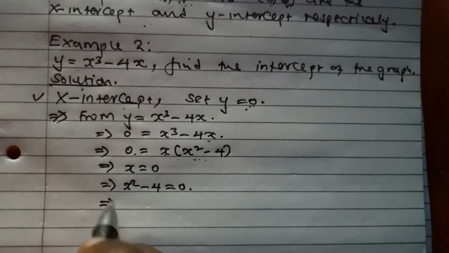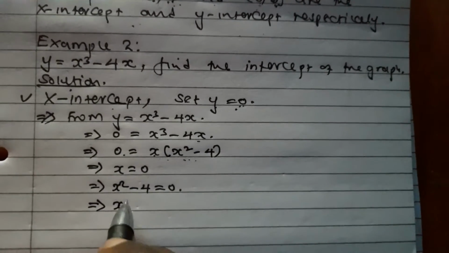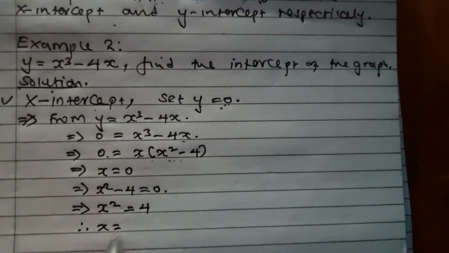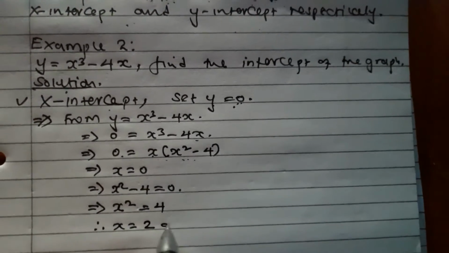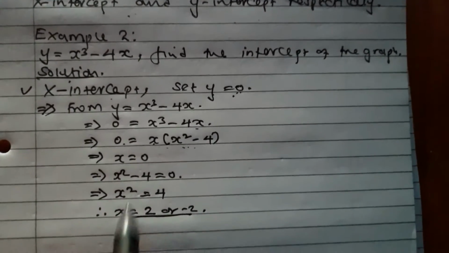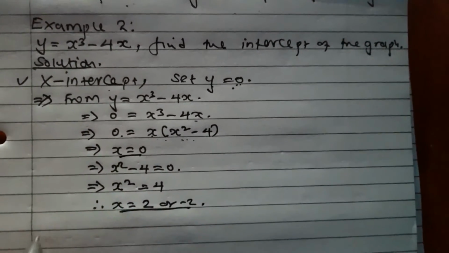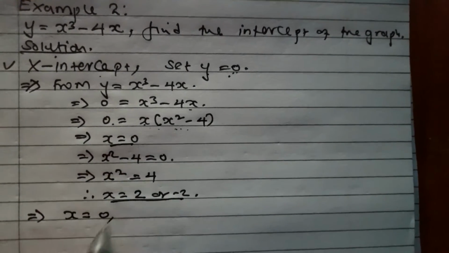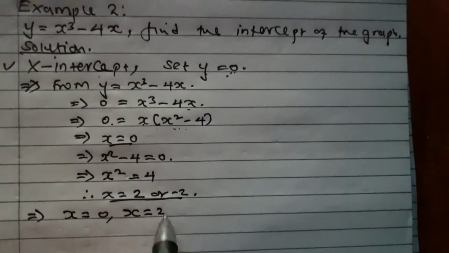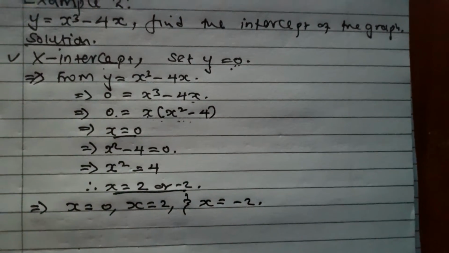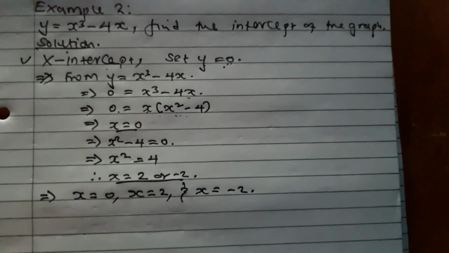So this one implies that x squared is equal to 4, and therefore x is equal to 2 or negative 2. So x is equal to 0, x is equal to 2, and x is equal to negative 2.